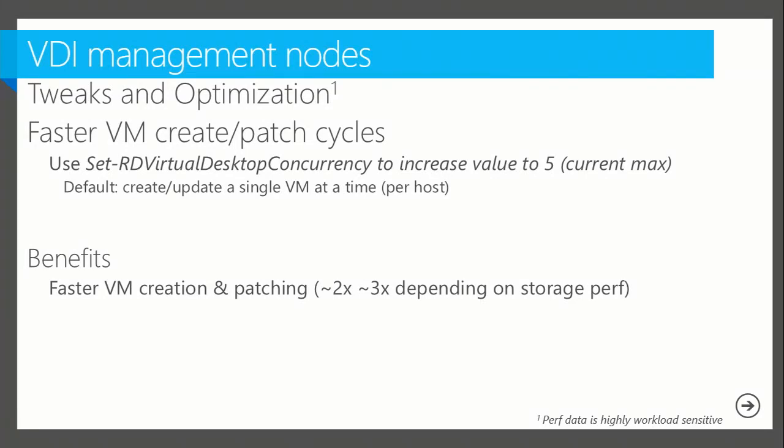But if you have a host that you do know you configured such that there's plenty of resources, given the workflow you have, and the period that you're going to use for doing such an update is off hour, then we can handle 5 creations, 5 updates per host. And by setting this parameter, you can actually speed up your deployment and provisioning update period by 2 to 3x, depending on how fast your storage is.